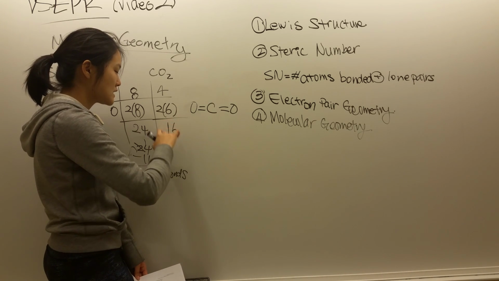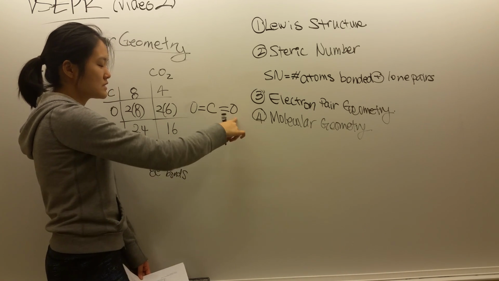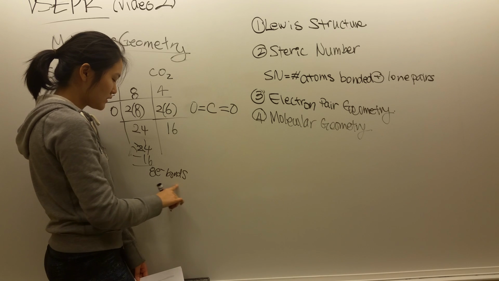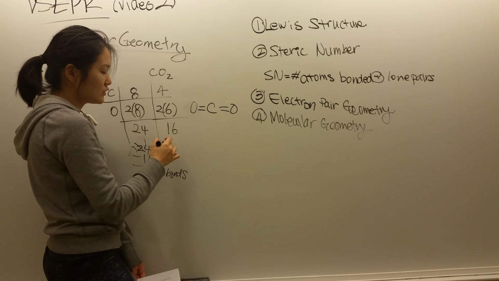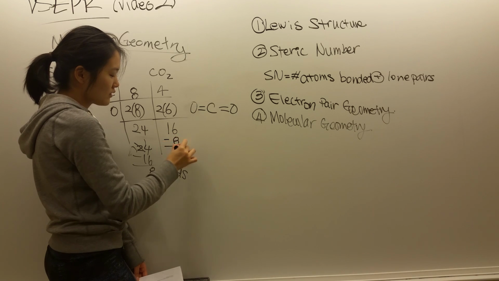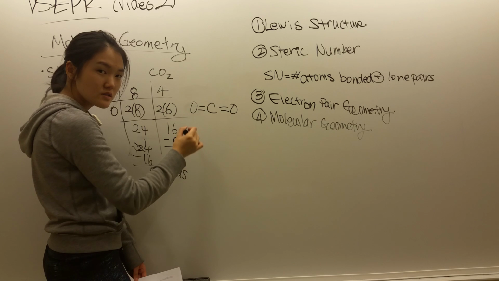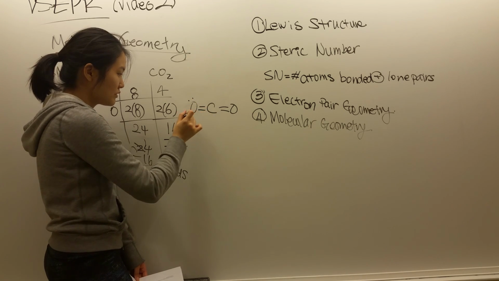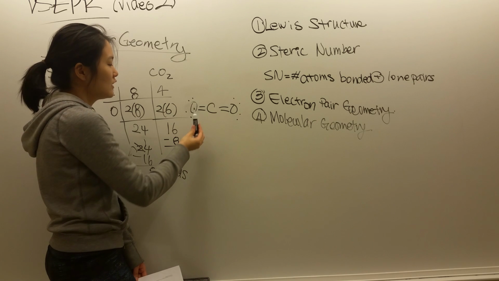And so now we have 16 that we had from all of these atoms. We have 8 that we used already. So you're gonna have to use 8 electrons for lone pairs, right? So 1, 2, 3, 4, 5, 6, 7, 8. Are they all happy? Let's check.